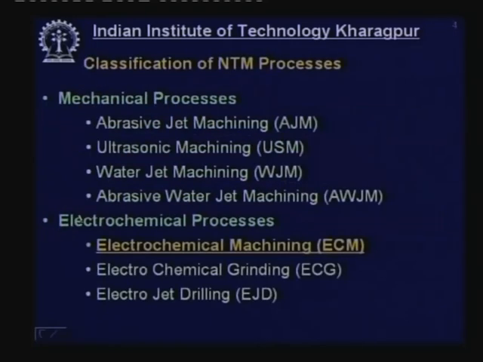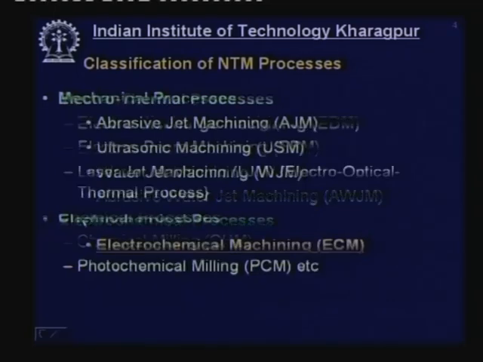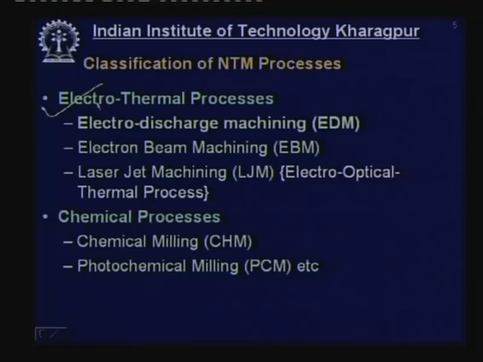Now, let us go into the classification of non-traditional machining processes. This is your 5th lecture on the non-traditional machining process module. Already you have gone through quite a few of them, and you have learned that there are mechanical processes, electrochemical processes, electrothermal processes and chemical processes.